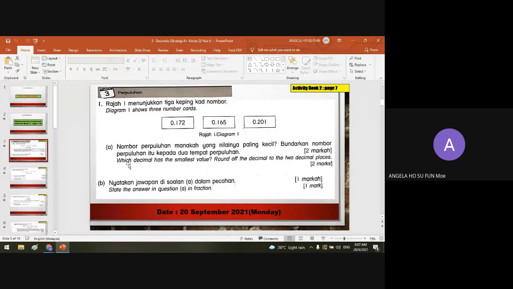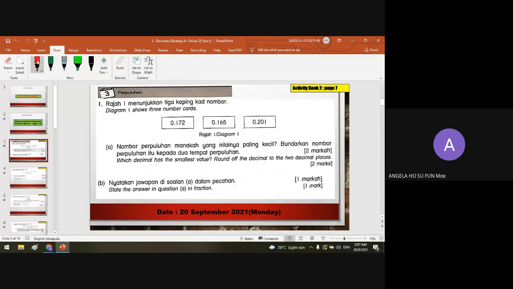Okay, this is your first question here. Look at it. Diagram 1 shows 3 number cards. The question asks which decimal has the smallest value, and round off the decimals to 2 decimal places.